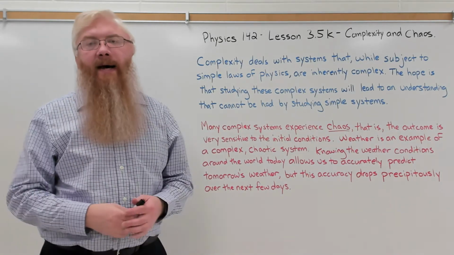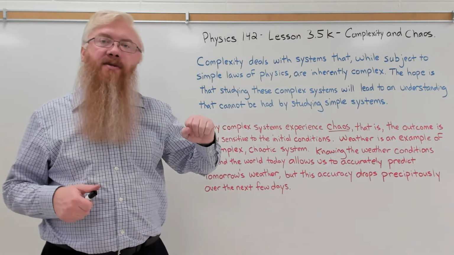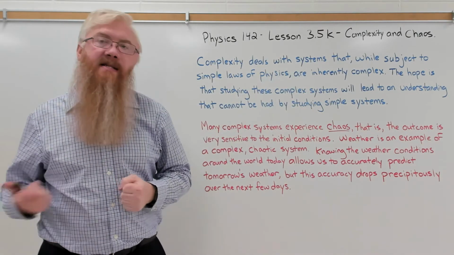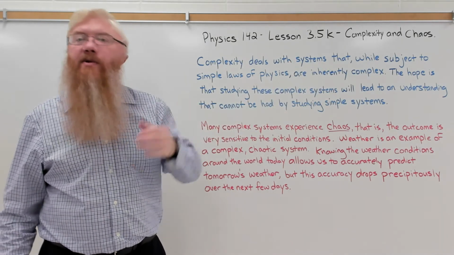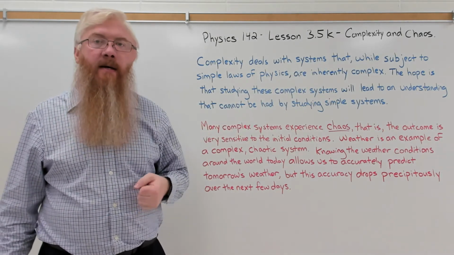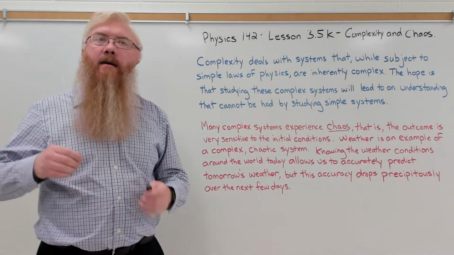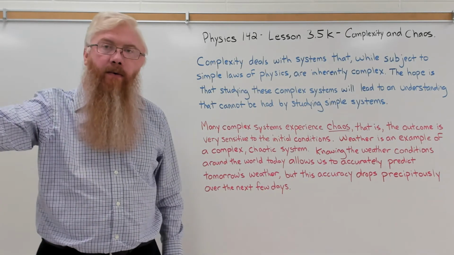Now, being here in northern Wisconsin, if Minneapolis gets a snowstorm in the winter, chances are, since weather moves from west to east across the state, we're likely to also get some kind of precipitation event, some snow or rain. But the accuracy of that prediction depends upon how far out you go.